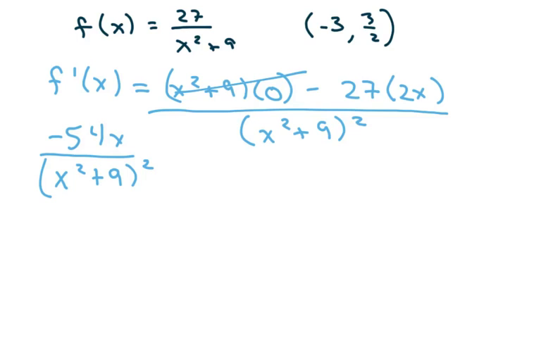Now you're going to plug in 3, and when you plug in negative 3, sorry, you're going to get, and simplify, 1/2. So now we're going to write our equation, y equals 1/2 x plus b, and plug in our x and y.